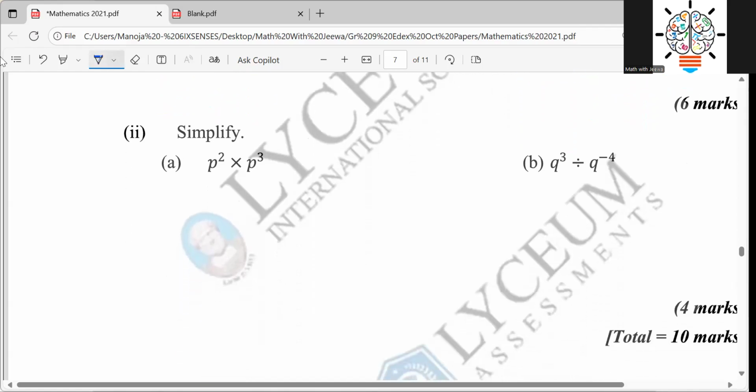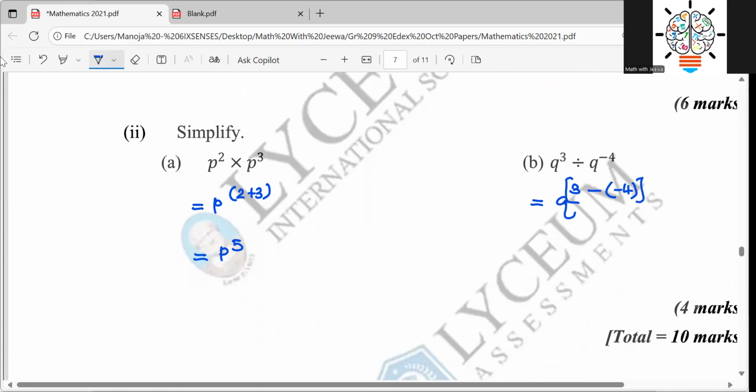So then the next one, you have p to the power of 2 plus 3. So then we can write p to the power of 3. The same way, you write q to the power of 3, subtract -4.